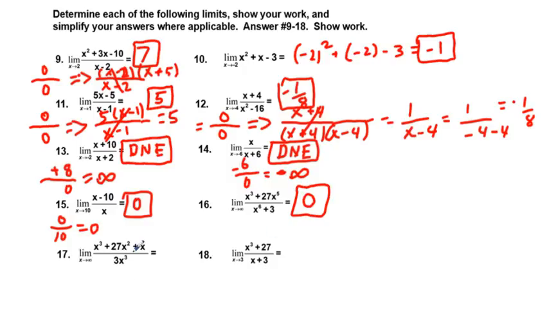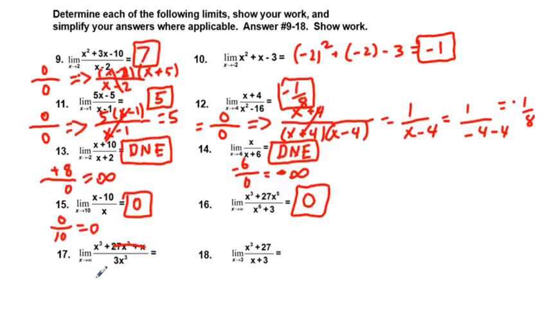17, we have the limit as x approaches infinity of x cubed plus 27x squared plus x over 3x cubed. Well, what happens is our highest power is x to the third power, and 3x to the third power in the denominator. So compared to the leading terms, the 27x squared and the plus x don't even matter.